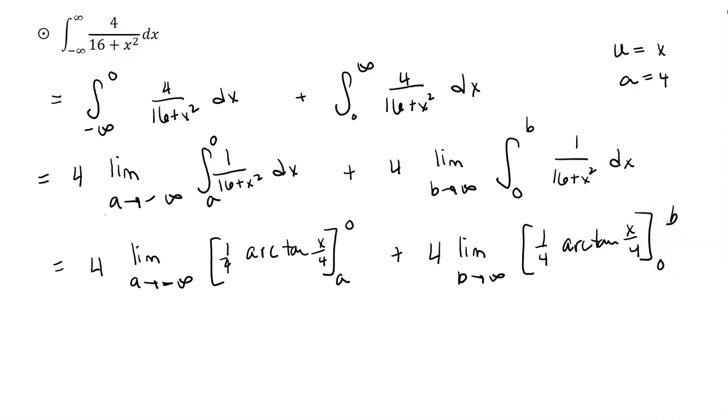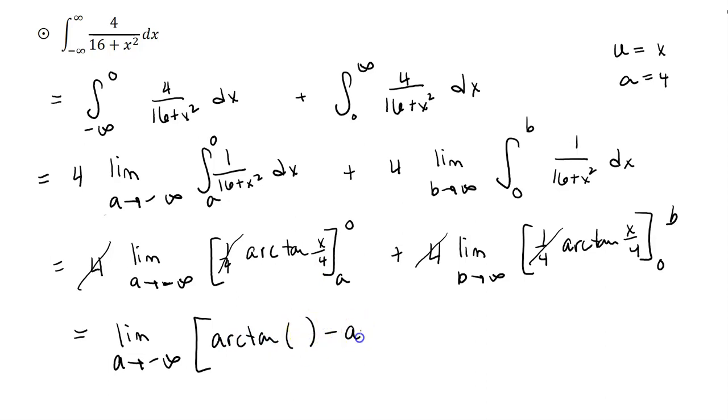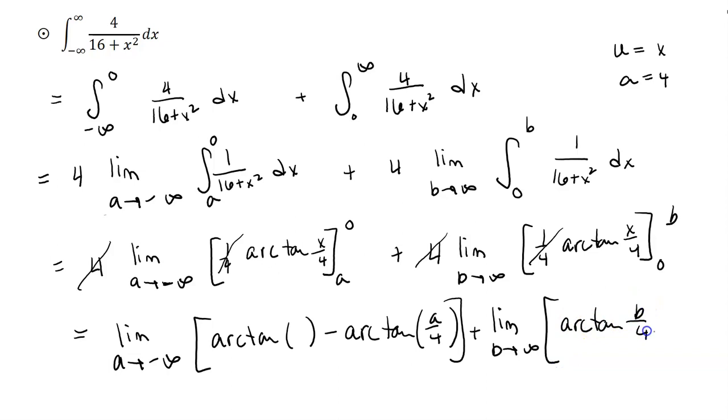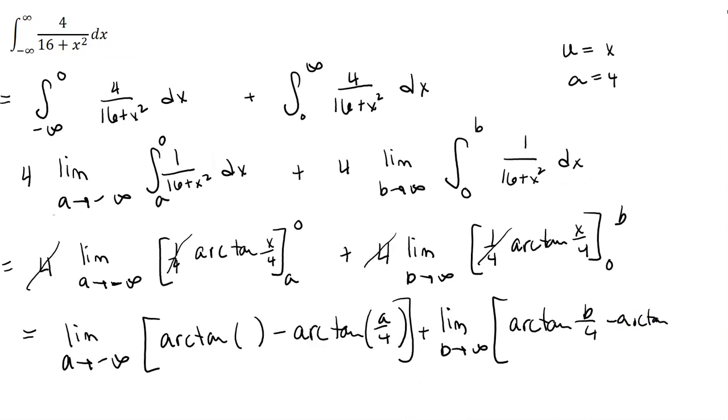Okay, so a couple of things can happen. We can cancel the 1/4 and the 4's on the outside. So I will have the limit as a approaches negative infinity of the arctangent of 0 over 4, which is 0, minus the arctangent of a over 4, and we are talking about this a, plus the limit as b approaches infinity of the arctangent of b over 4 minus the arctangent of 0.